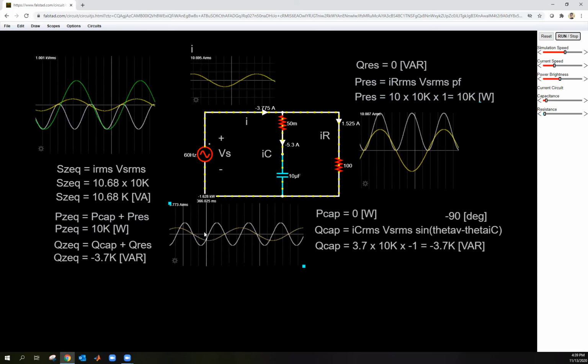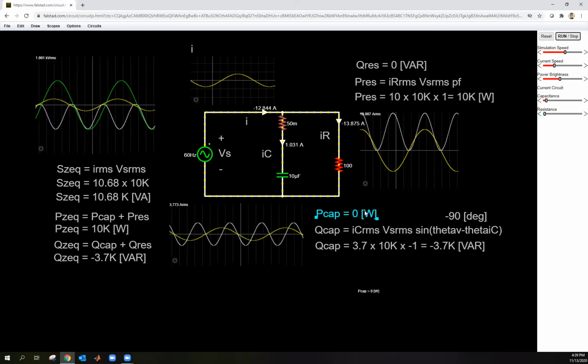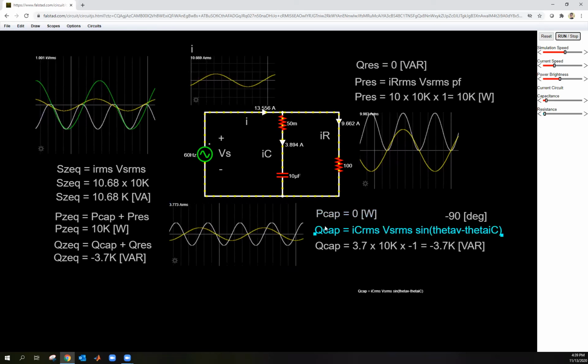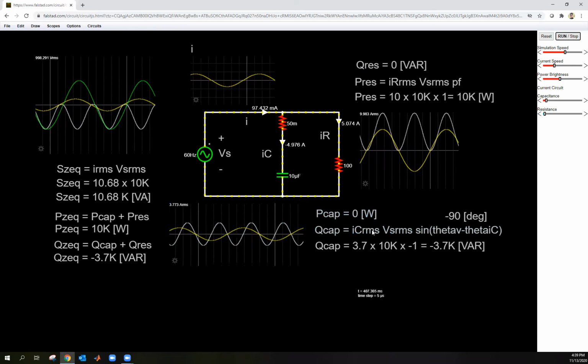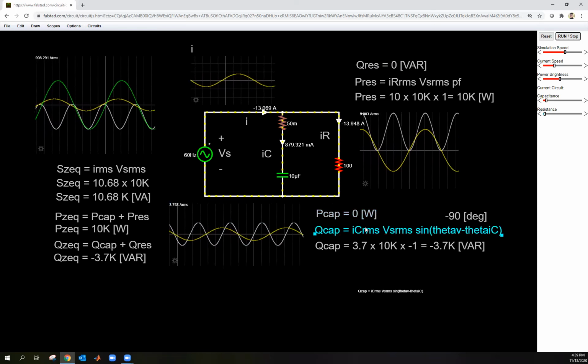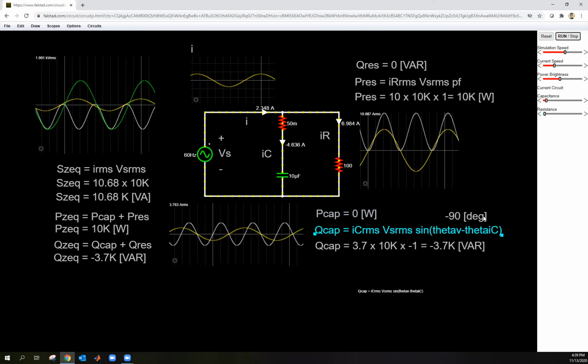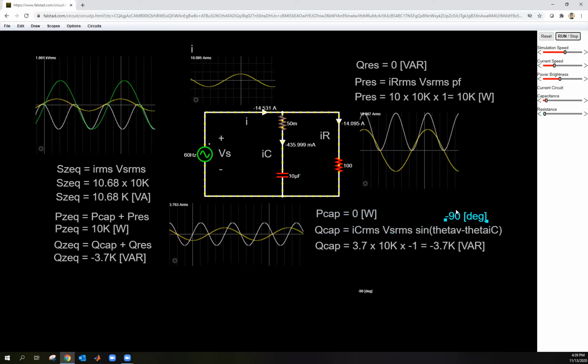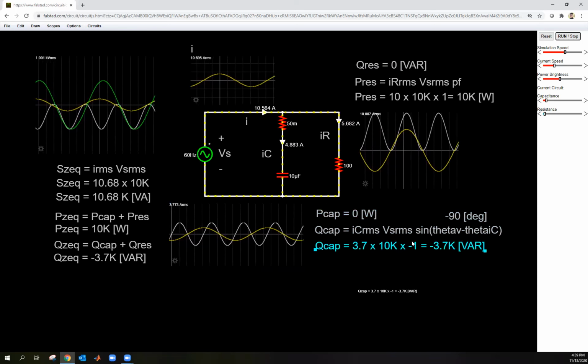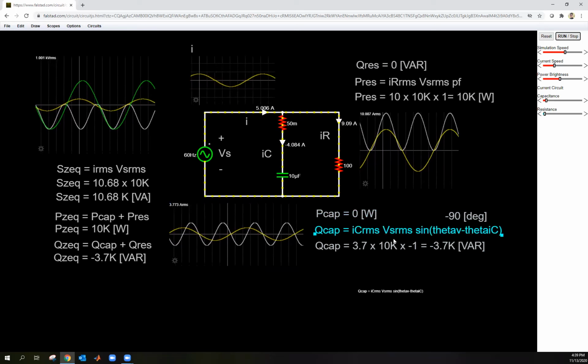Well, we know the average of the instantaneous power is 0, therefore the real power is 0. And the Q of the capacitor is IC RMS times VS RMS times sine of theta V minus theta I. Well, we know theta V minus theta I is negative 90 for a capacitor. So we get negative 1 for the sine. We get still 10K for the VS RMS.